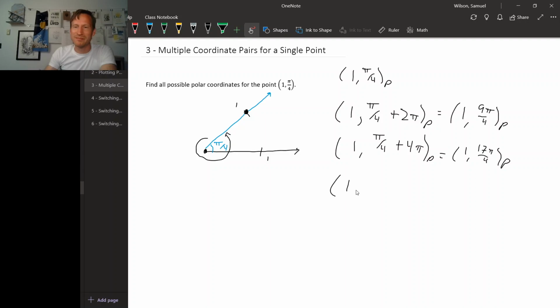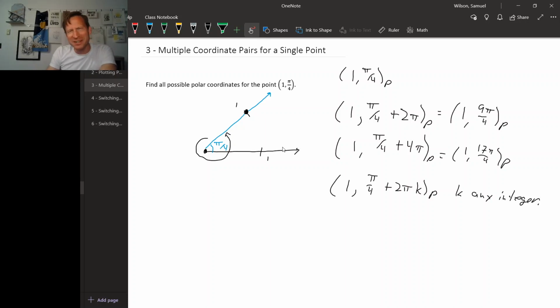So to be perfectly general, we could use the polar coordinates 1 comma pi over 4 plus 2 pi times any integer. And as usual, I'll use a k to mean any integer. So actually, there are infinitely many pairs of polar coordinates that describe this exact same location in the coordinate plane.